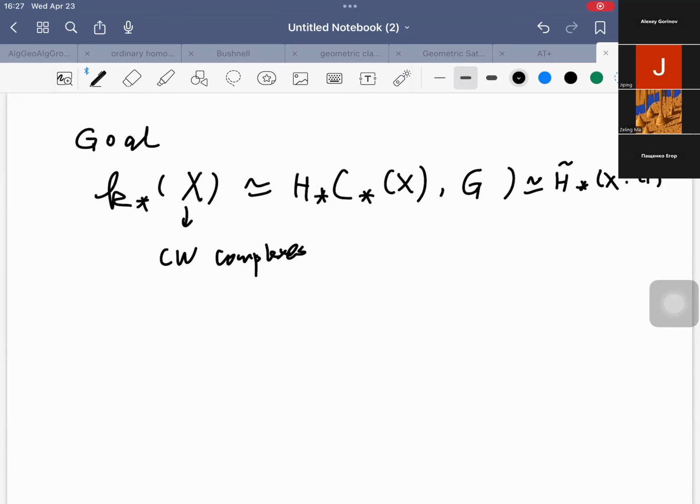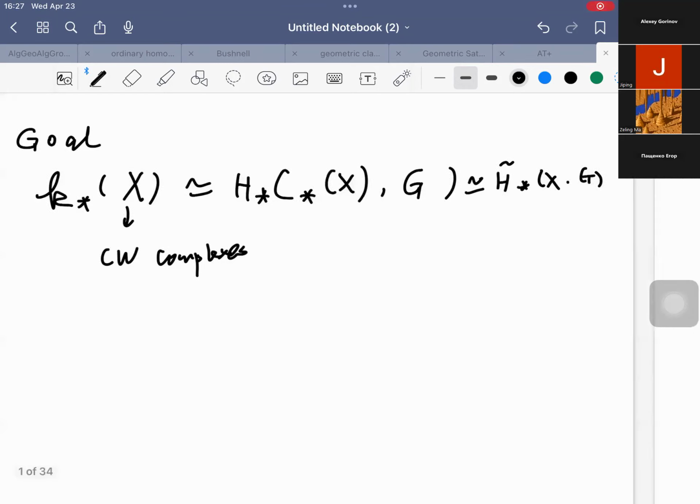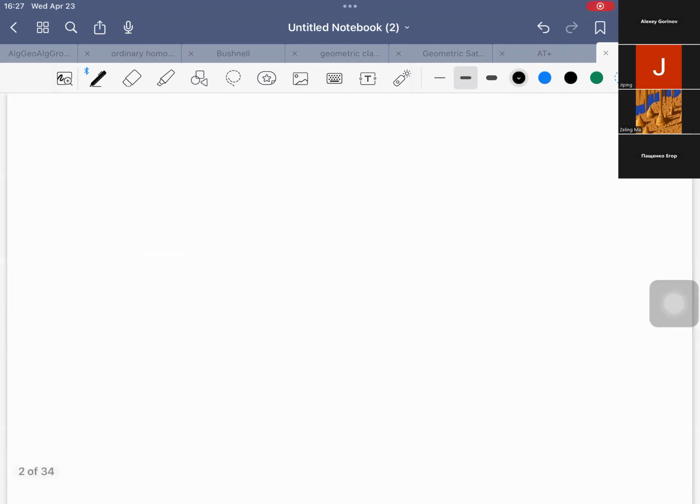Okay, this is the goal. First, maybe we can recall some definitions about the so-called reduced homology theory.